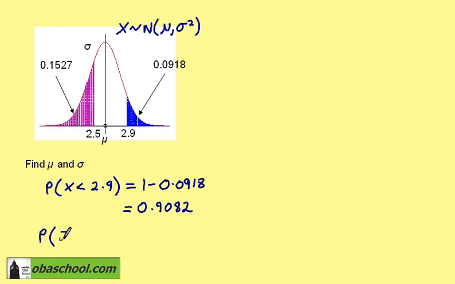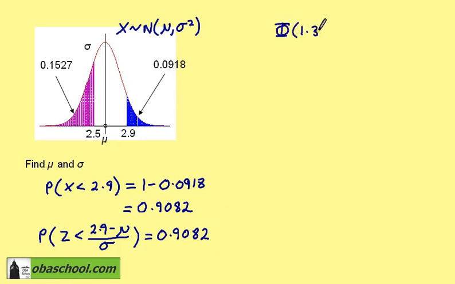Transforming to z, we get z is less than 2.9 take away mu divided by sigma is equal to 0.9082. Once again, we know the phi value, but not the z value. So when we look up tables, we look for the probability 0.9082.